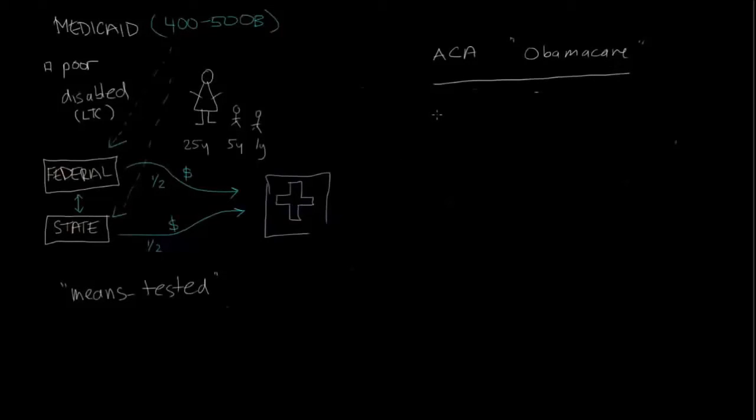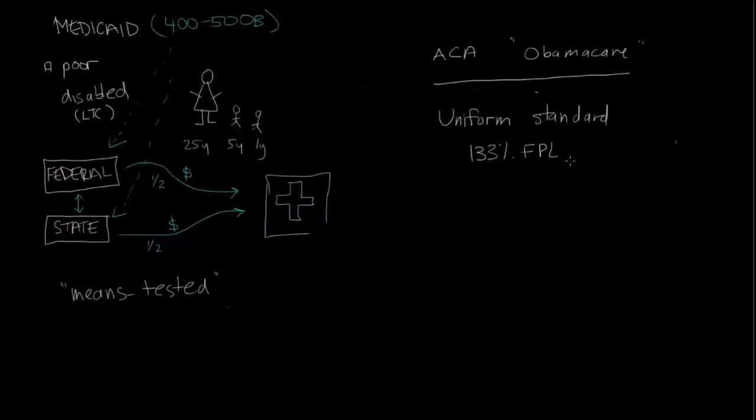They said that we would like to create a uniform standard for who gets Medicaid. And so what they said was that all Americans, if they are making 133% of the federal poverty limit or less, could qualify for Medicaid. Very importantly, they said it didn't matter whether or not you had kids.